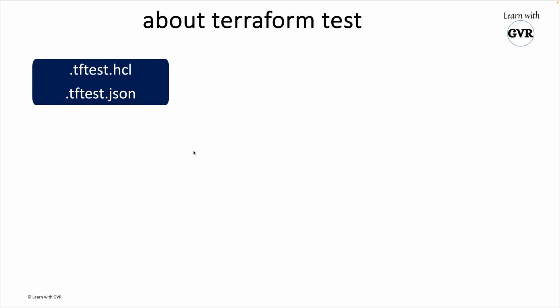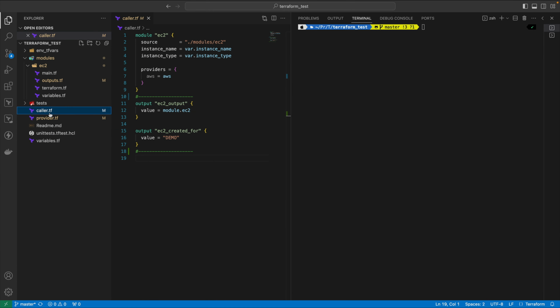If you want to create a Terraform test in your repository, first and foremost you need to create a .tftest.hcl or .tftest.json file. So we know .tf means Terraform file and .md means markdown, and we know .tfvars as well, Terraform variables. For Terraform test, it is .tftest.hcl.